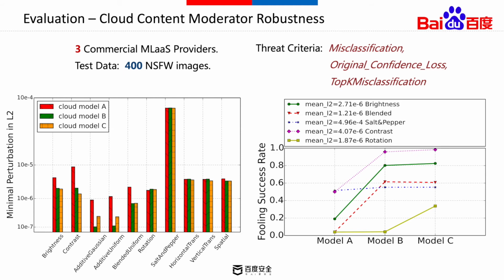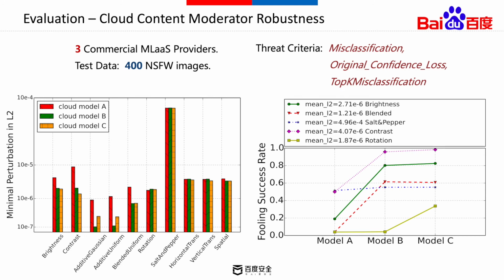Let us move on to a different application, that is online content moderation. It is one of the important tasks to prevent access to inappropriate content, such as NSFW, which stands for Not Safe for Work. We chose 3 commercial machine learning as a service providers and randomly selected 400 NSFW images. And we ran through 10 different safety properties as indicated in the x-axis on the left figure.